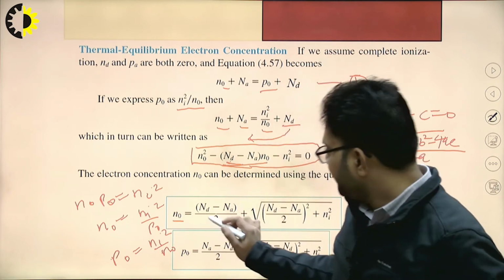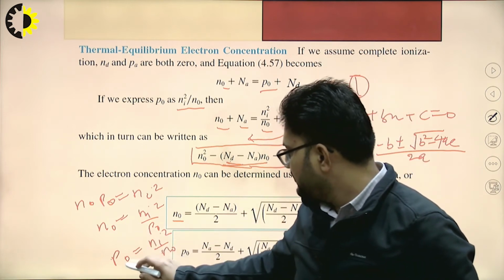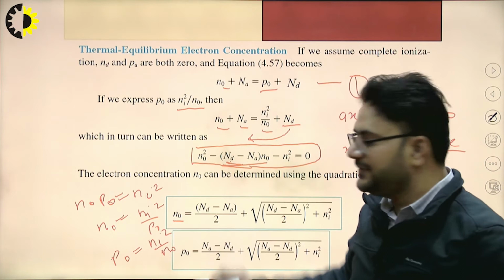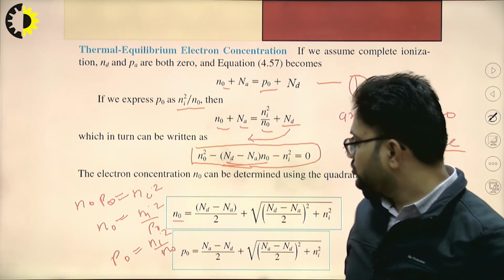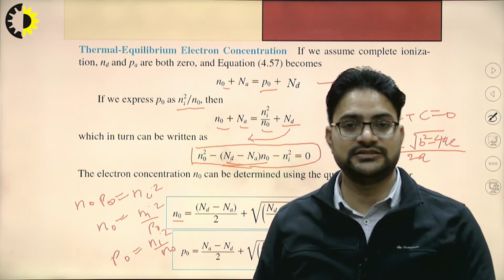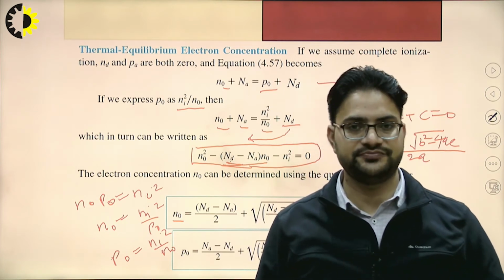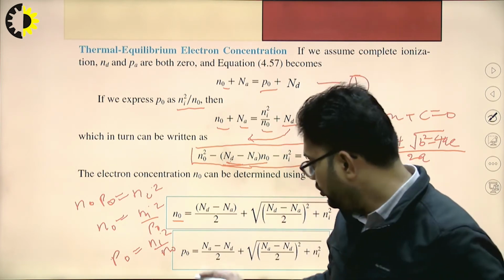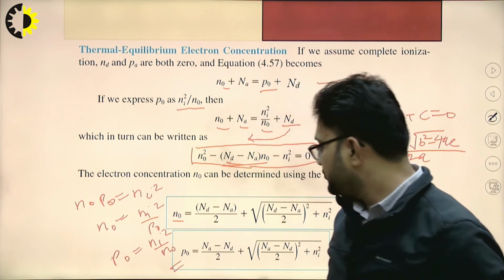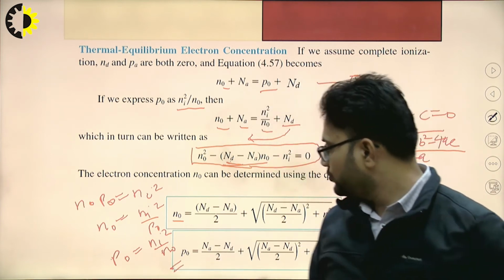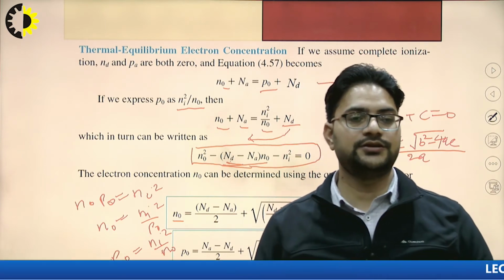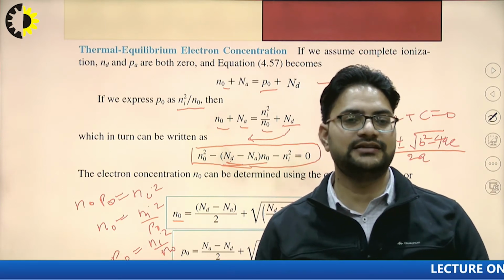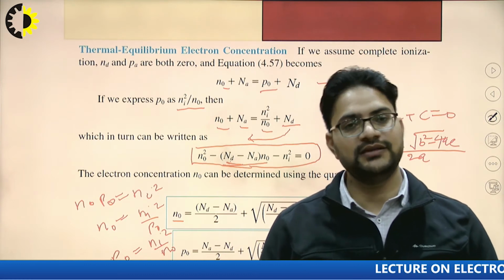Now if I put N naught equal to Ni square divided by P naught in this equation, in the first equation, we will get the value of P naught, that is the hole concentration, right? So hole concentration is computed to be P naught equal to Na minus Nd divided by 2 plus root of Na minus Nd divided by 2 whole square plus Ni square.